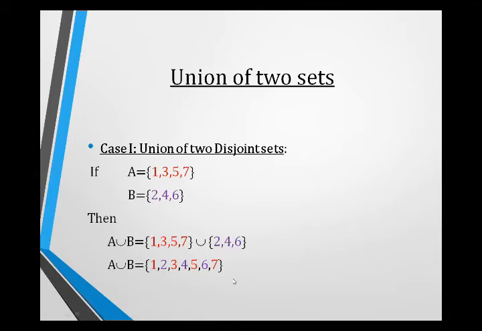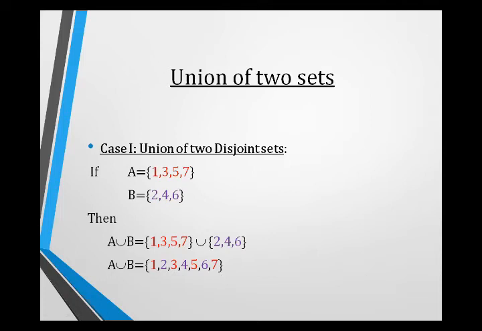Now we write all the elements belonging to both sets. A union B is equal to {1, 2, 3, 4, 5, 6, 7}. This is the union of A and B.